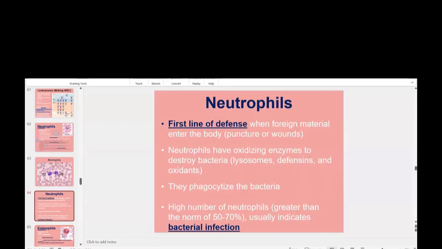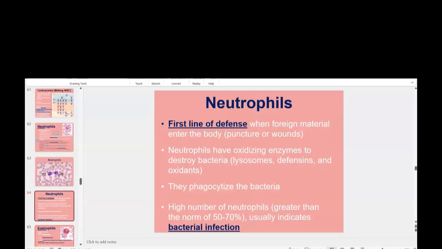They are the first line of defense when foreign material enters the body, either through a puncture of a blood vessel, or through wounds, or when you cut your finger with a kitchen knife. Neutrophils have oxidizing enzymes like hydrogen peroxide, and they destroy the bacteria with the help of lysosomal enzymes, defensins and oxidants, and they phagocytize the bacteria completely.